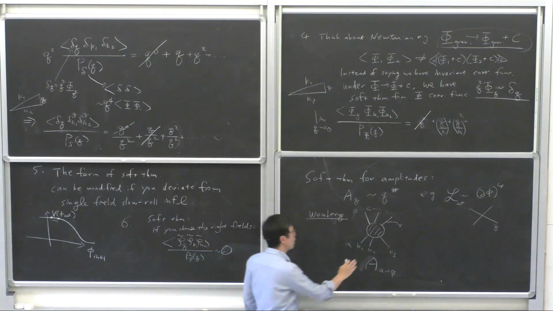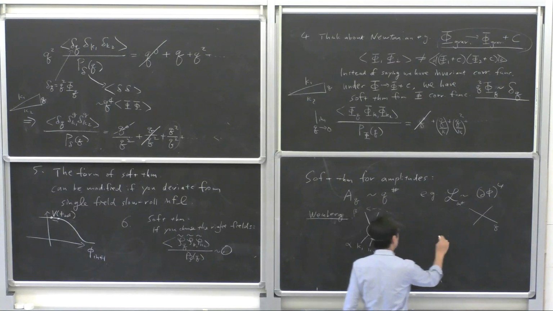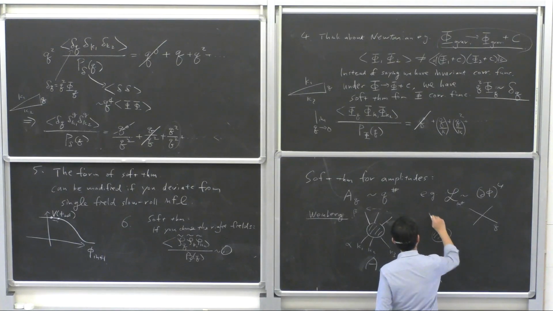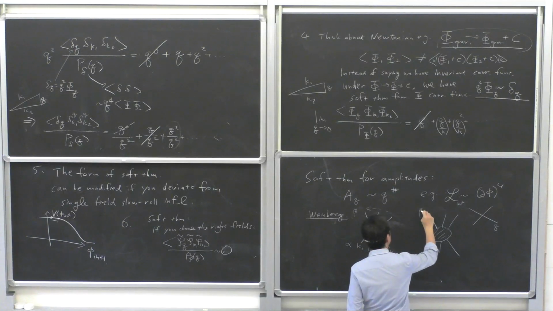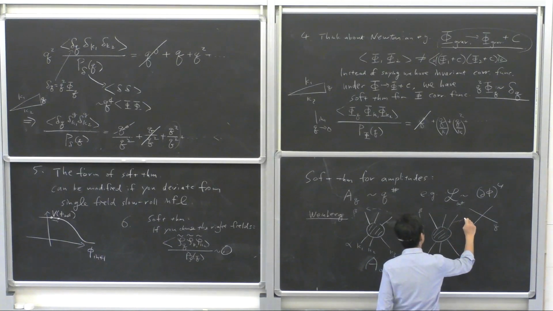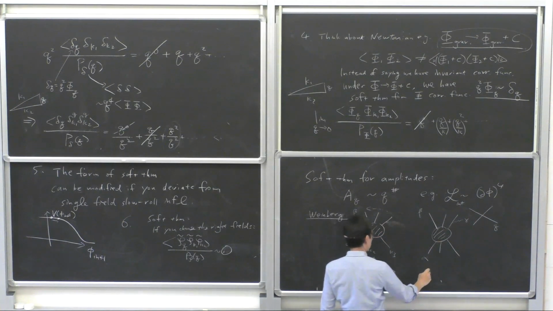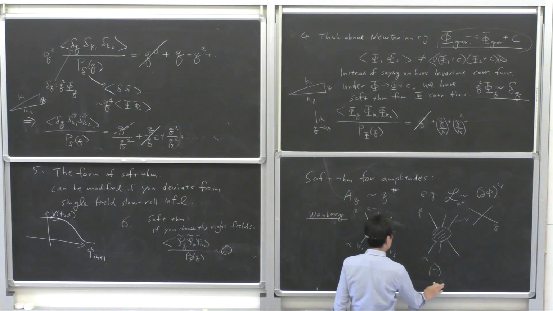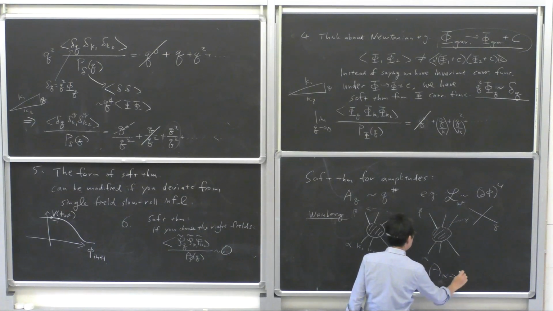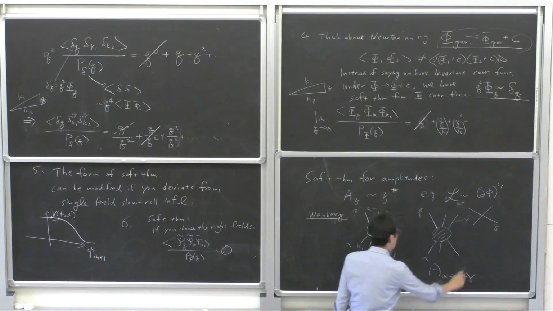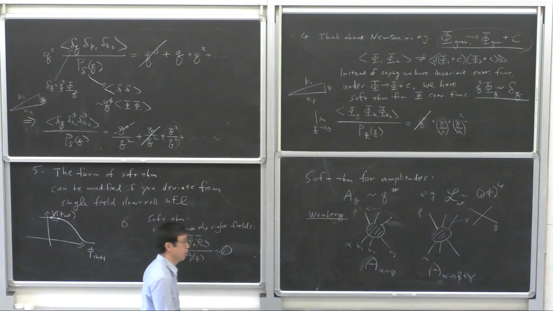Actually, let me not draw it on here. I'm going to draw it over here. Same process from alpha to beta, but now I add a soft photon. So I'm interested now in the amplitude of alpha to beta plus this soft photon, which I'm going to call gamma.